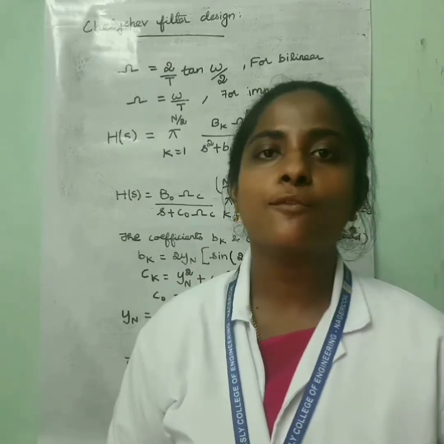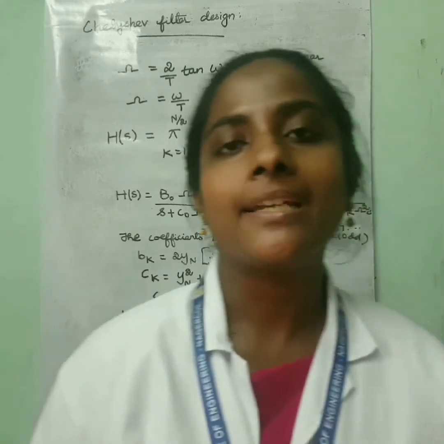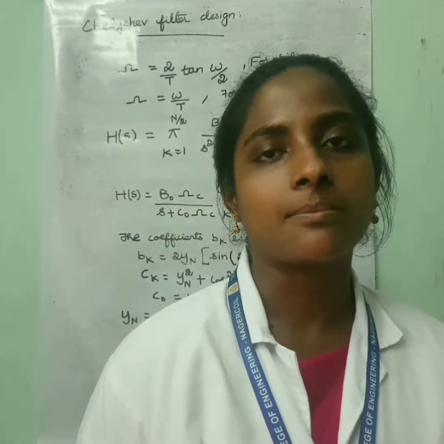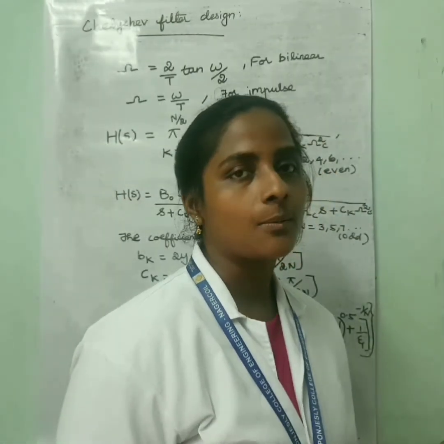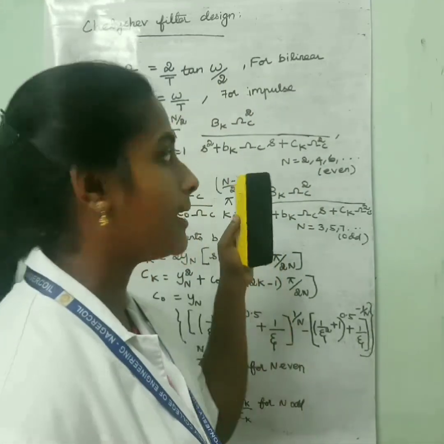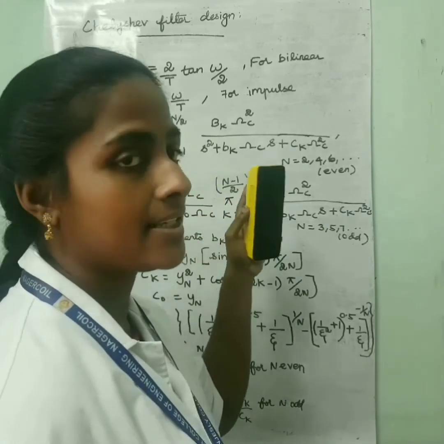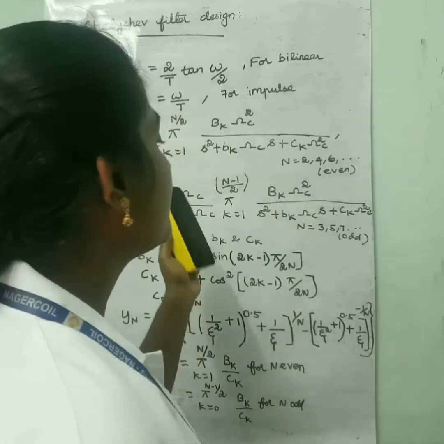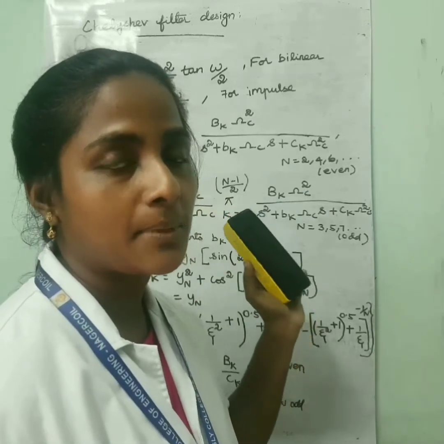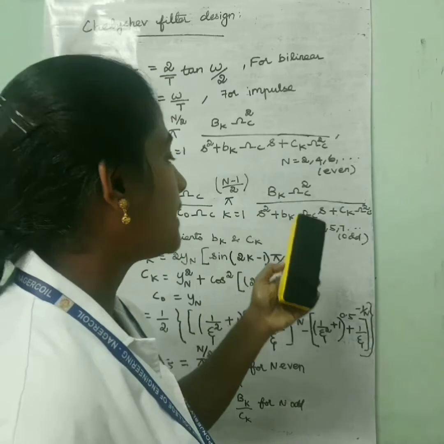The values of omega 1 and omega 2 can be found by either the bilinear transformation method or the impulse invariant method. For the impulse invariant method, omega is equal to omega by T, and for bilinear transformation, omega is equal to 2 by T into tan of omega divided by 2.